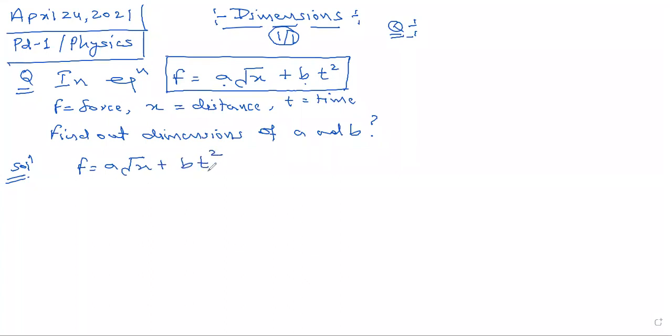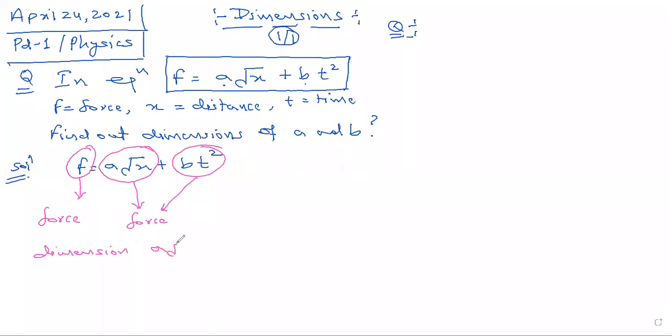The given equation, as I said yesterday, according to homogeneity, if this part is the force, then this part as well as this part must individually be force. Got it? It means dimension of A root x will be equal to dimension of force.